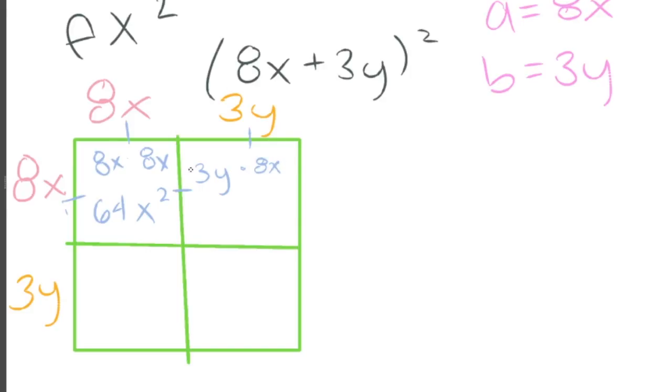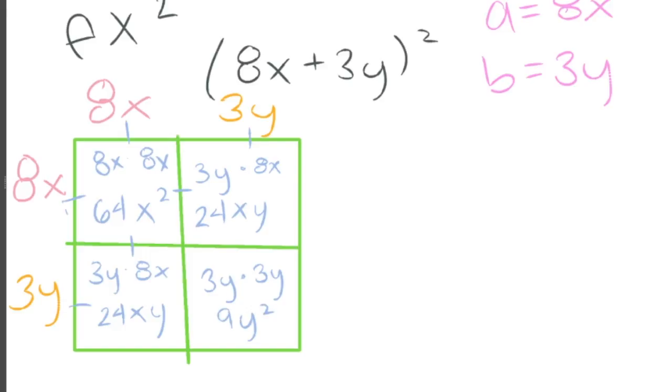So 3 times 8 is 24, and then we have x times y. And then same thing, we have 3y times 8x here, giving us 24, and then xy once again. So then down here we're multiplying 3y times 3y, which gives us 9y squared.